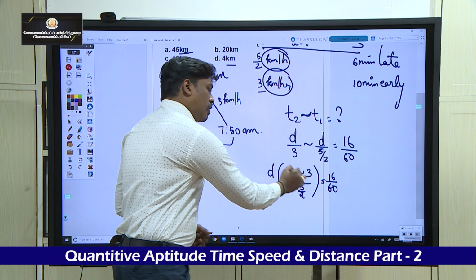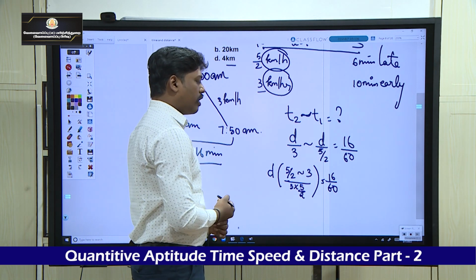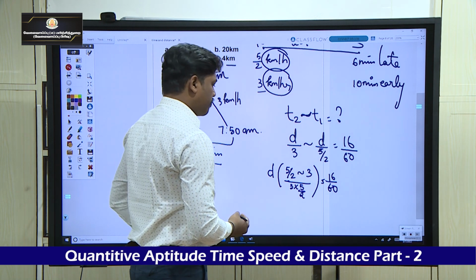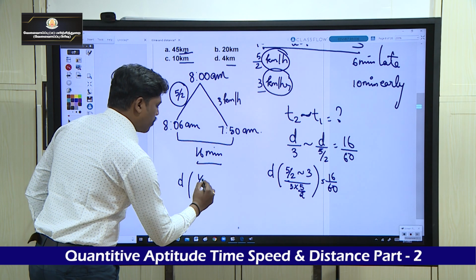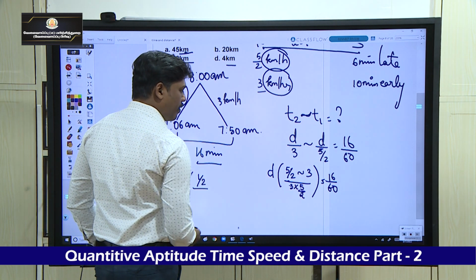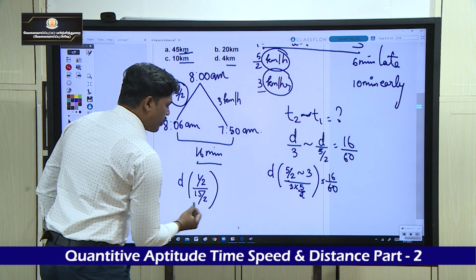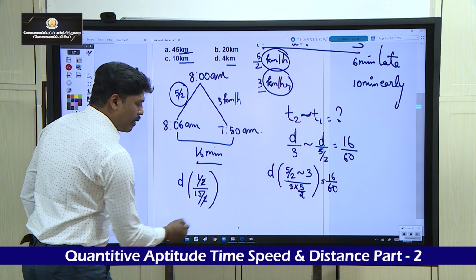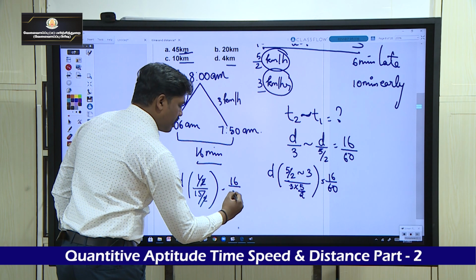Difference means your answer will come in terms of positive. So, 3 minus 2.5, you will be getting 0.5. So, D into 0.5, which is 1/2, divided by 3 into 5/2, which is 15/2. So, what happens? The 2s get cancelled, is equal to 16 by 60.